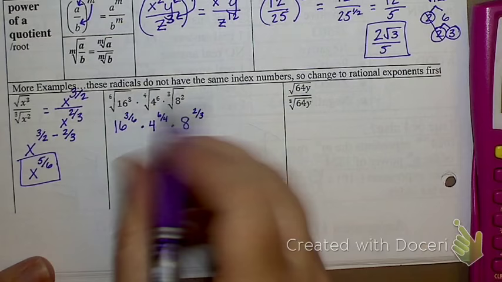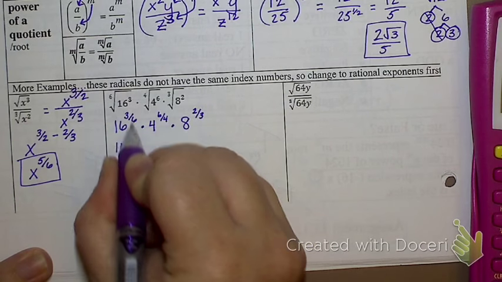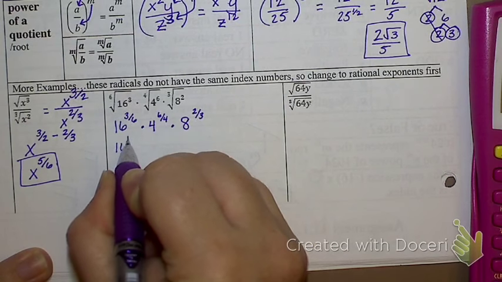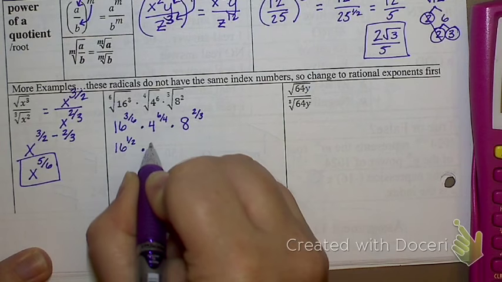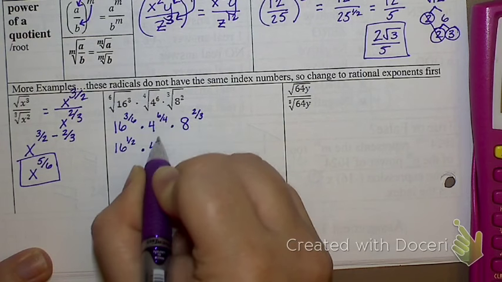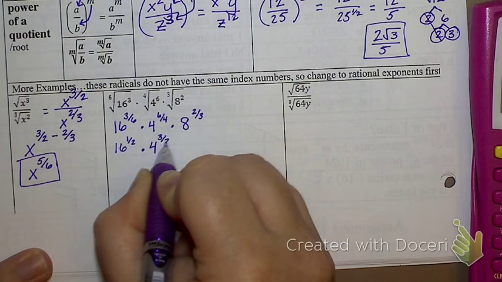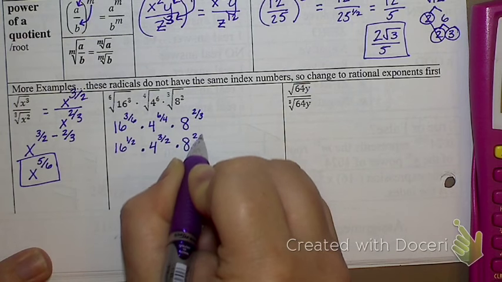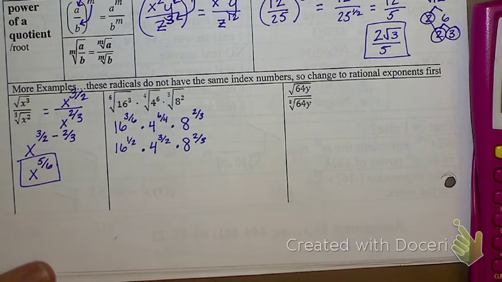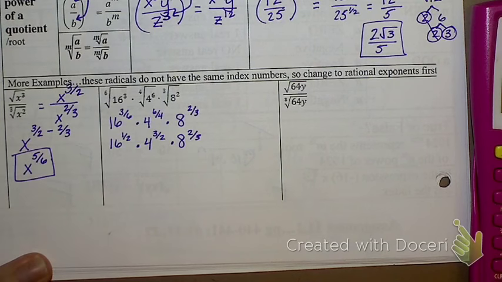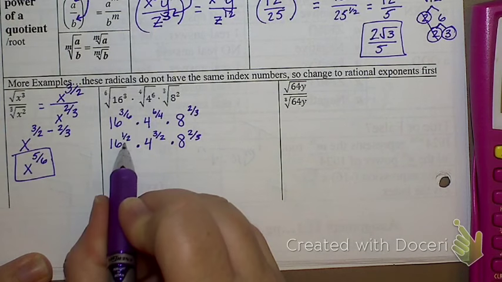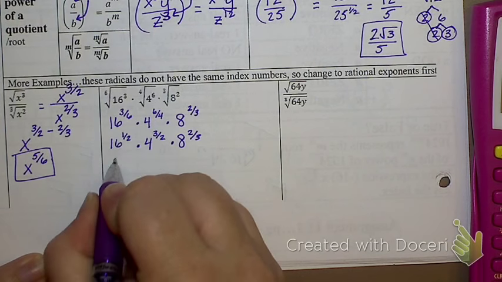I think 2 of those can be simplified. This is 16 to the 3/6 reduces to 1/2. This one reduces to 3 over 2. Okay. Haven't gotten a whole lot further except for the fact that I know that 16 to the 1/2 equals what? 4.